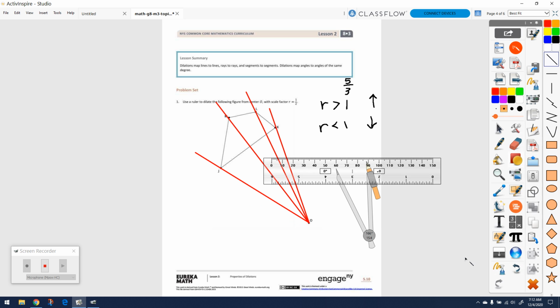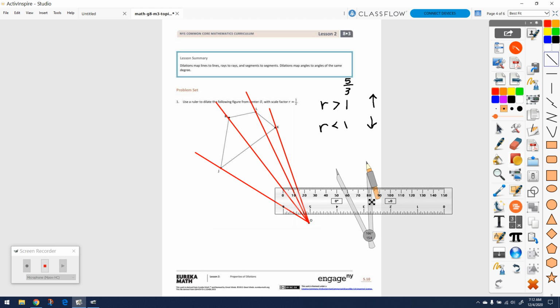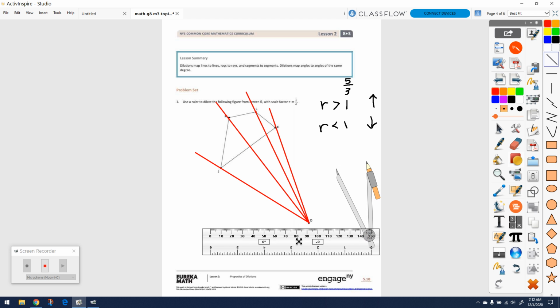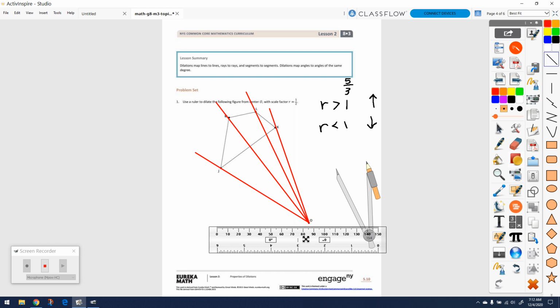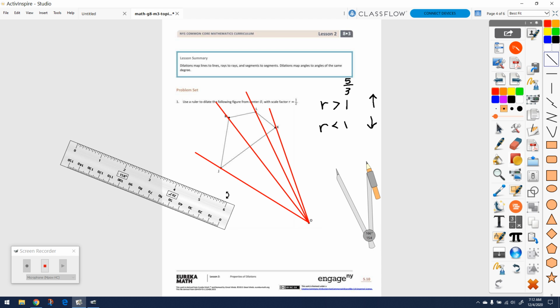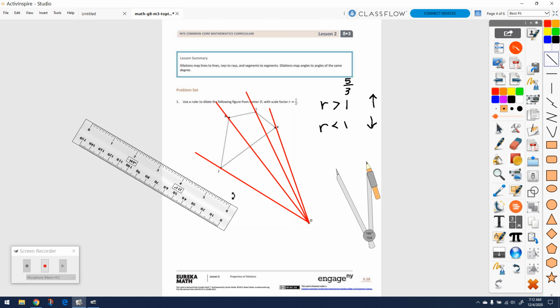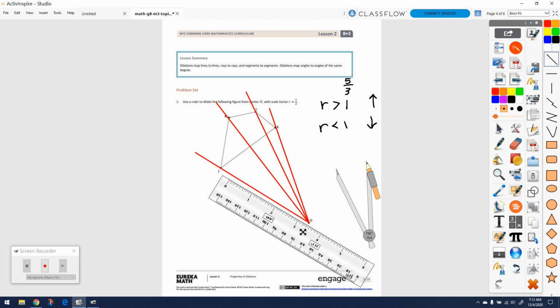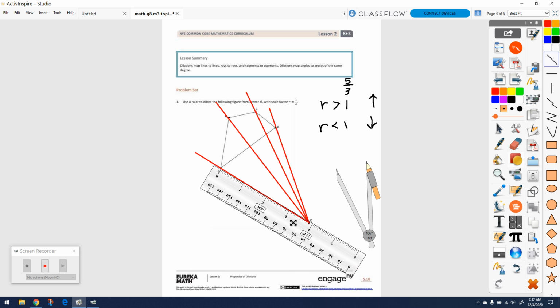You're going to have to measure your own. In the case of mine, I'm going to go ahead and line it up here. Mine is 3 7/8. So I need to take 3 7/8 and divide it by 2.